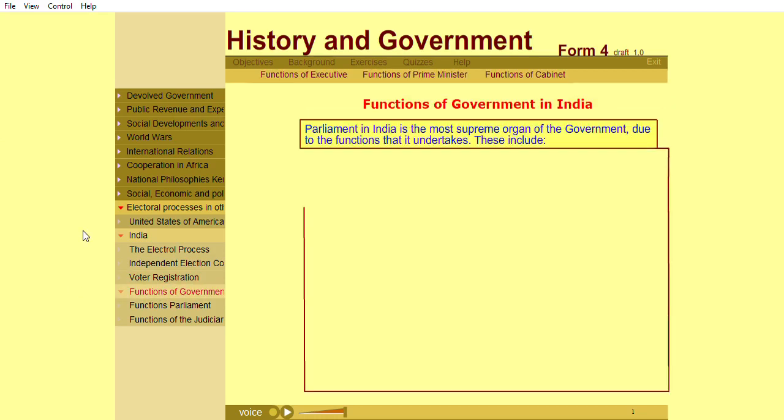Parliament in India is the most supreme organ of the government due to the functions that it undertakes.